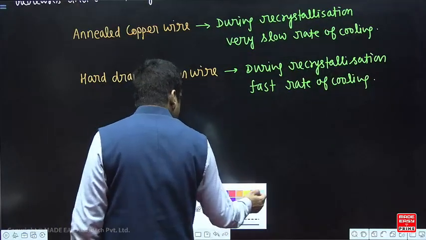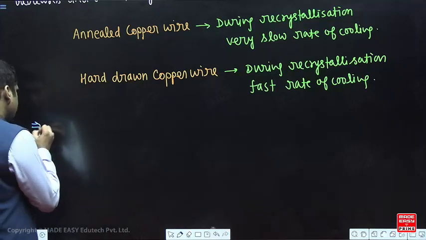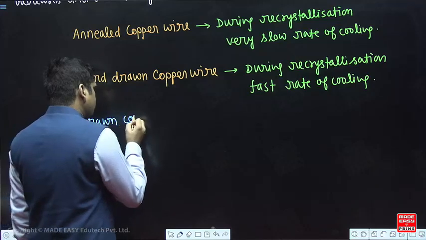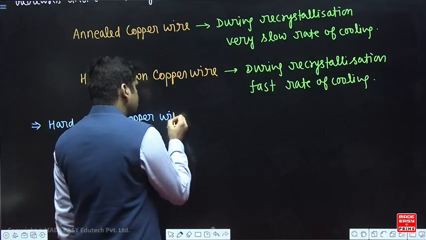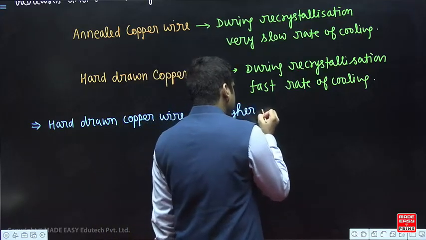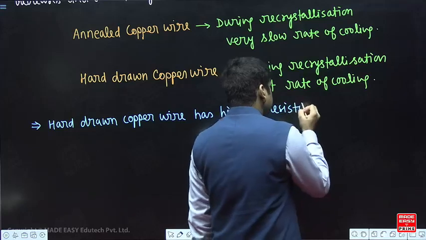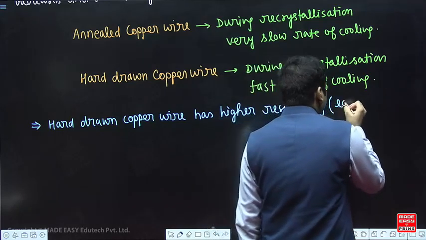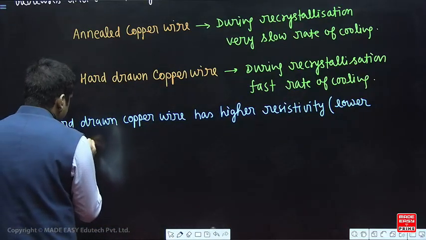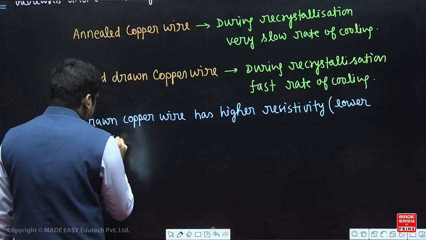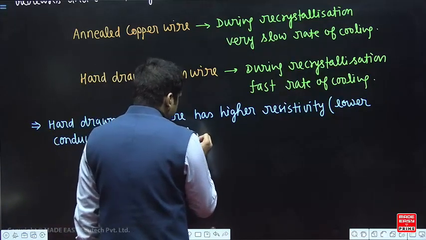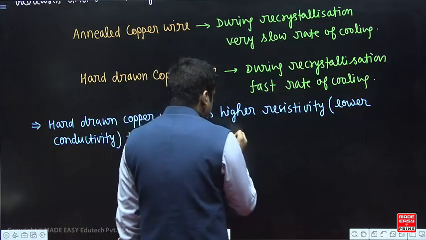So I would be writing it like this: hard drawn copper wire has higher resistivity, bracket में lower conductivity, than annealed copper wire.